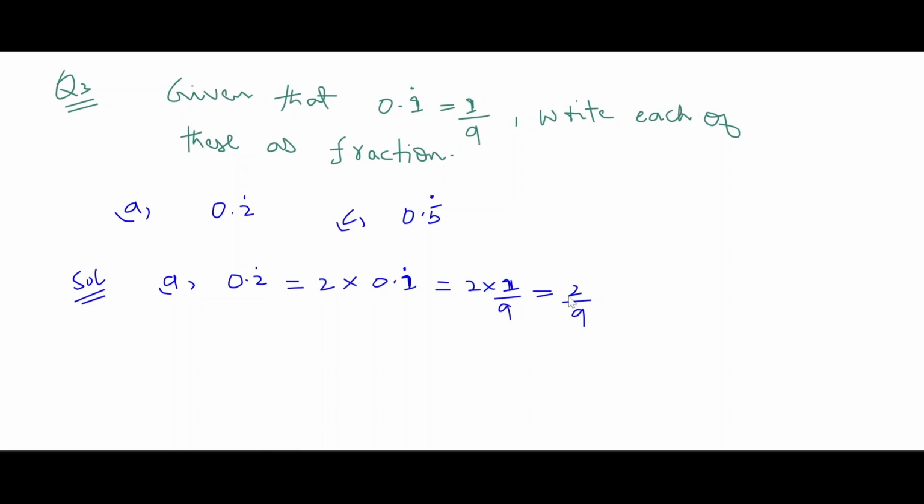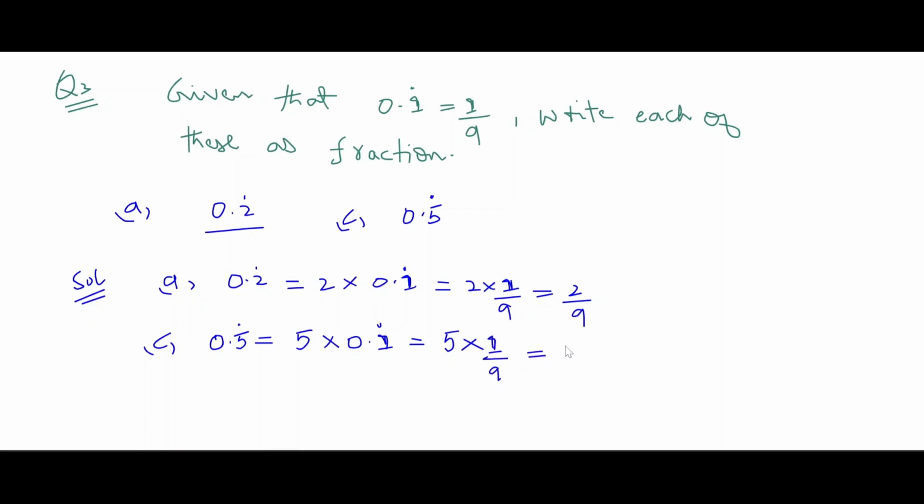You can divide 2 by 9 and you will get 0.2 with the dot. It's a recurring number. Next, part C, 0.5 with the dot above. So it's 5 into 0.1 with the dot above, so 5 into 1 by 9.